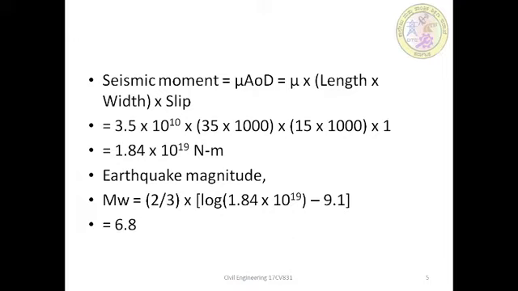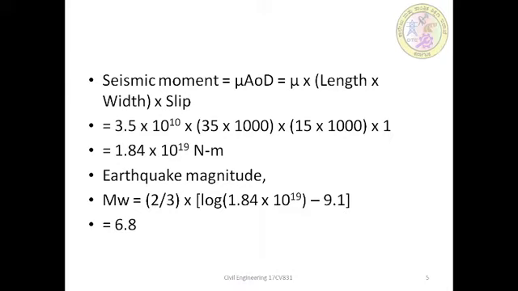You just substitute the corresponding values. Everything should be in the same unit. So the 35 and 15 kilometer you convert: 35 into 1000 and 15 into 1000, whereas mu is 3.5 into 10 raised to 10 and slip is 1 meter. So now the total seismic moment according to this equation works out to 1.84 into 10 raised to 19 Newton meter.